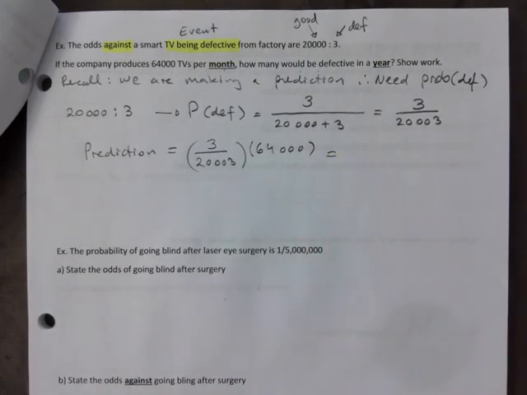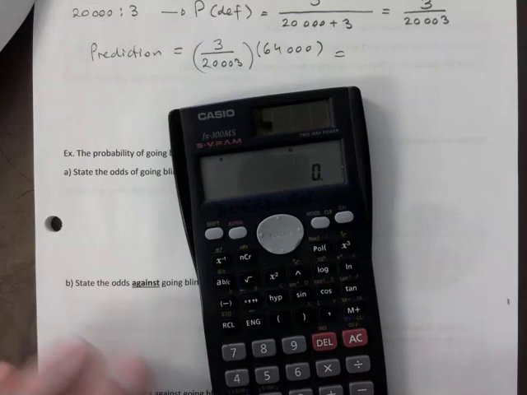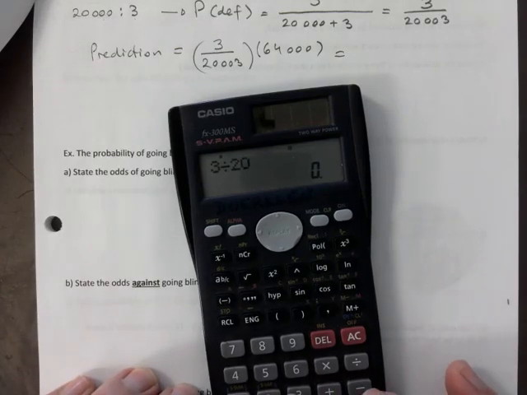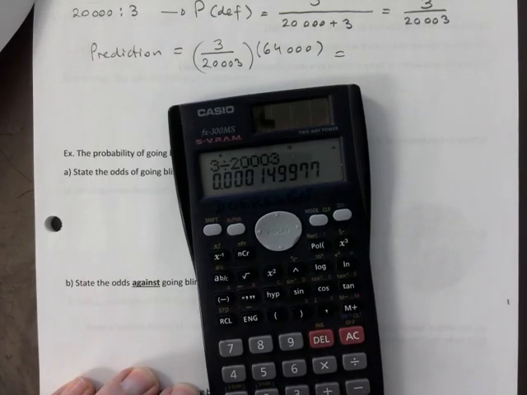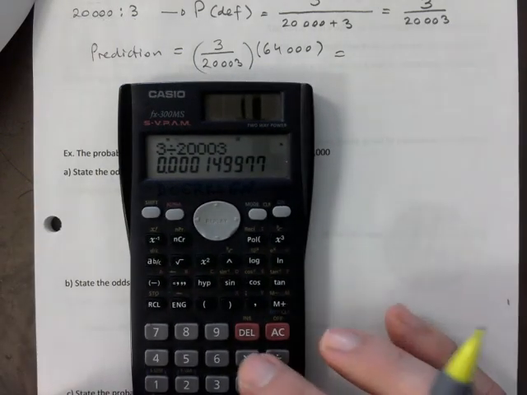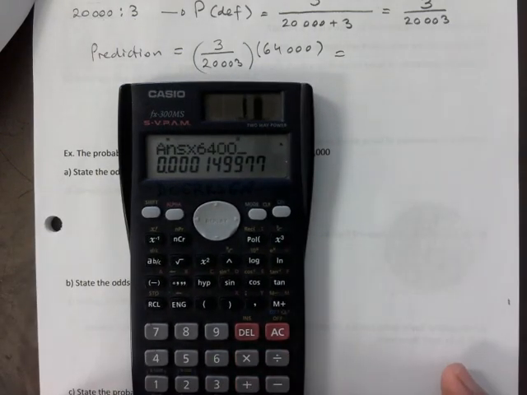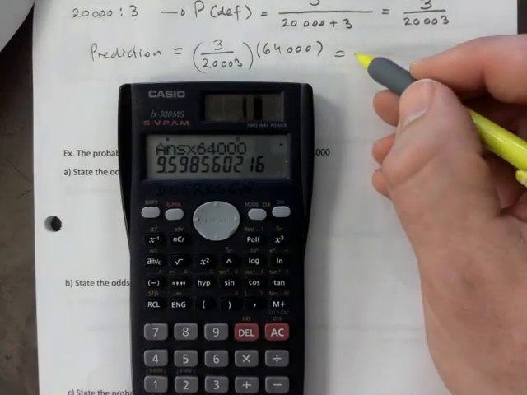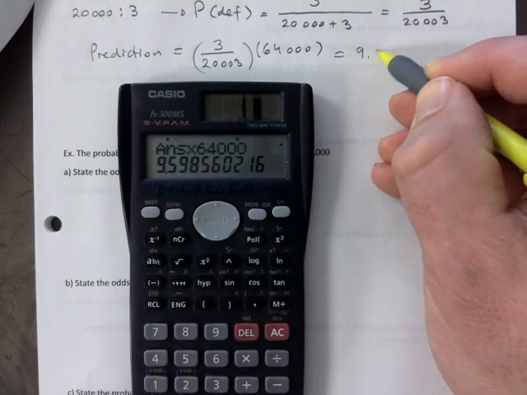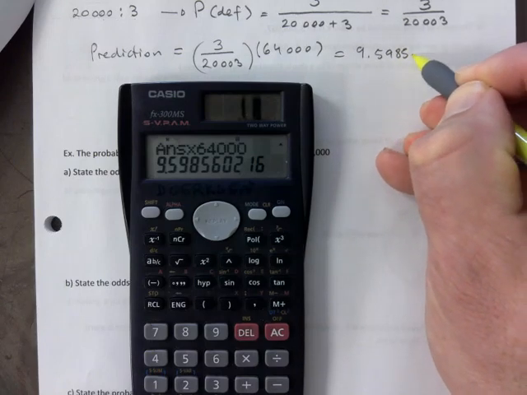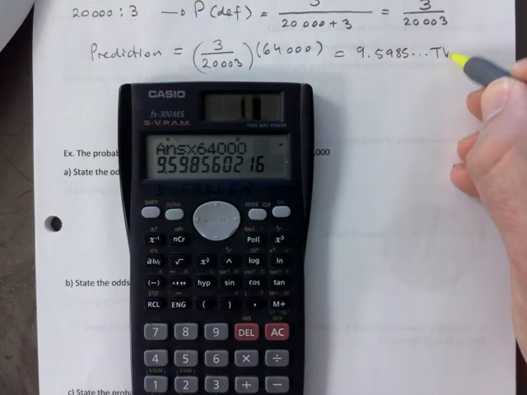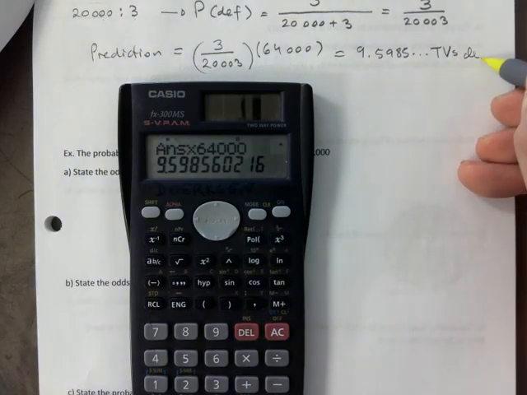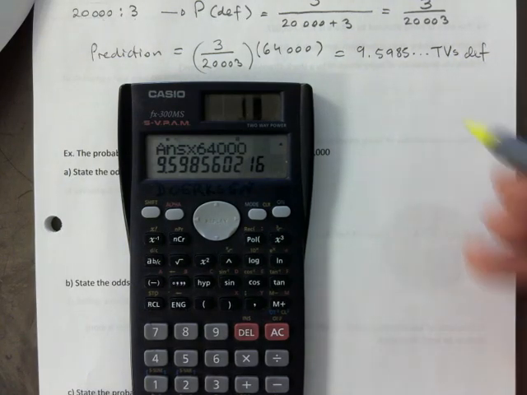That's going to give us a number. So let's go ahead and do that. 3 divided by 20,003. Very small number. Don't worry about it. Multiply that by 64,000. So there's 9.5985 something TVs defective in a month.